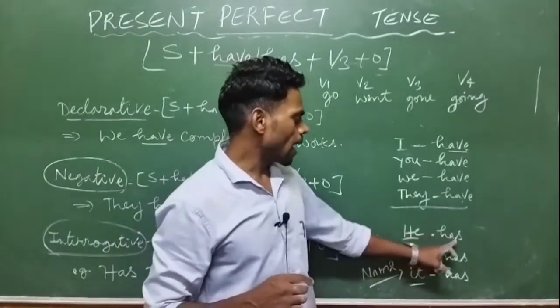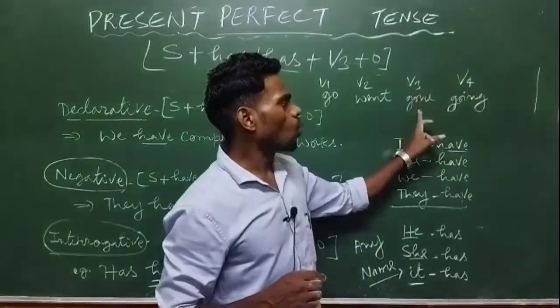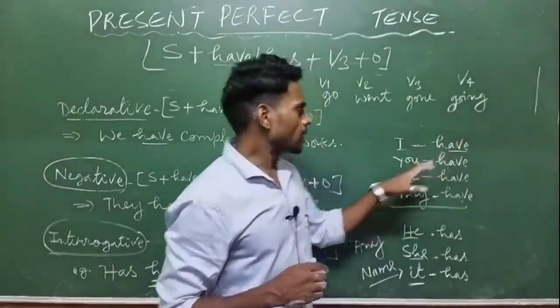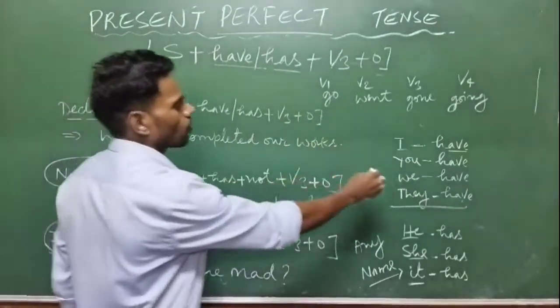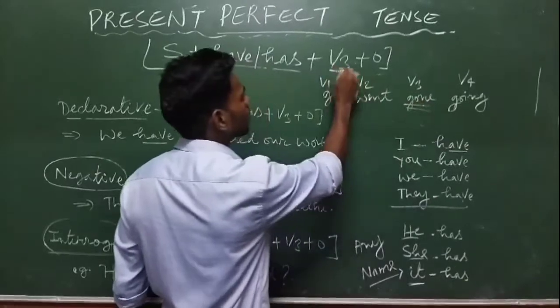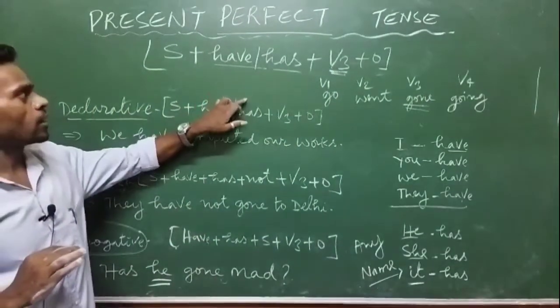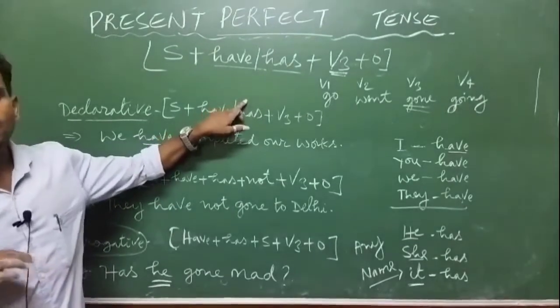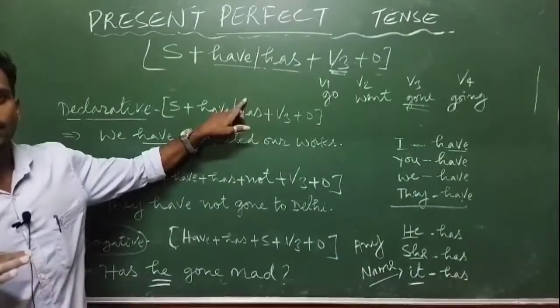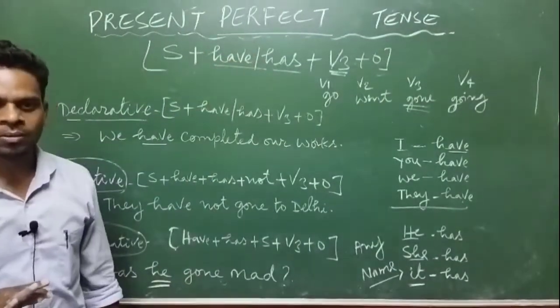So helping verb have or has followed by the third form of the verb will help you to identify whether any sentence is in present perfect tense or not.